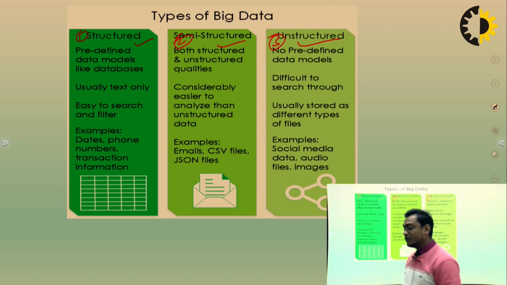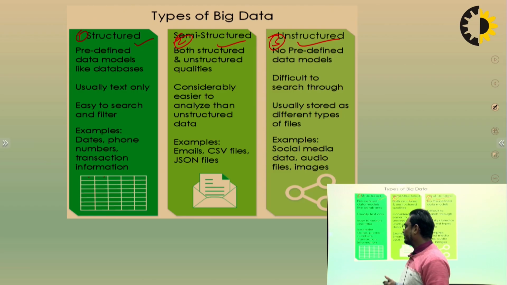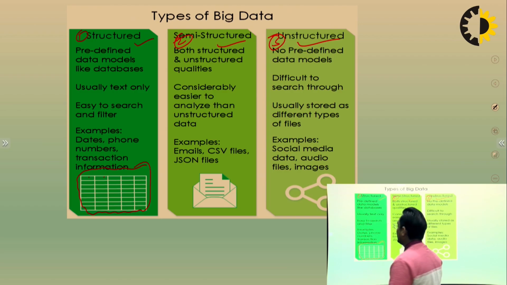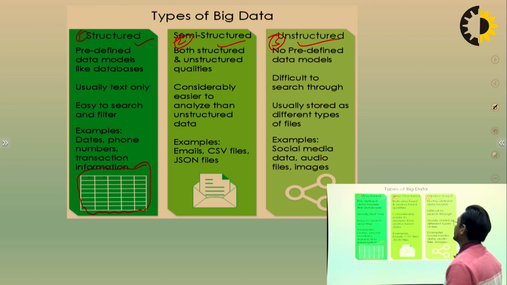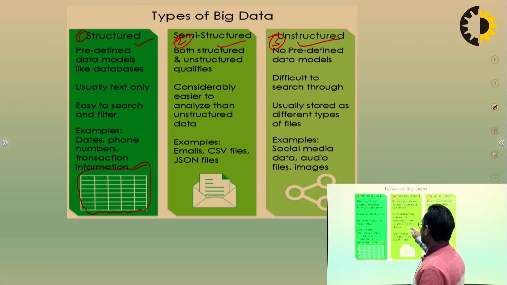The data is stored in the form of tables, rows and columns. Examples are phone numbers and transaction information, all stored in one place. Semi-structured has both structured and unstructured qualities and is considered easier to analyze than unstructured data, for example, email, CSV files, and so on.